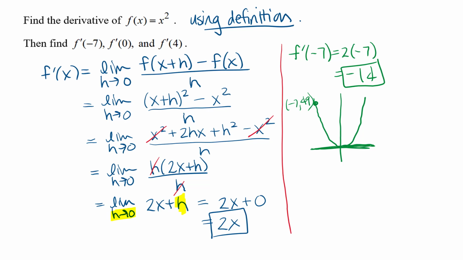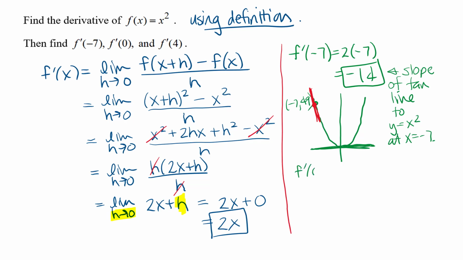This negative 14 represents the slope of the tangent line to that function graph at that particular point. Then we could use that to write the equation of the tangent line or whatever else we might be interested in.